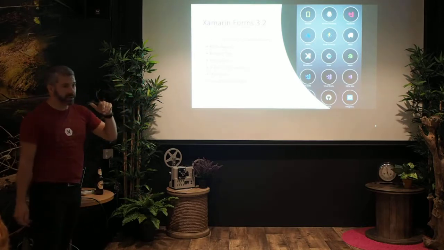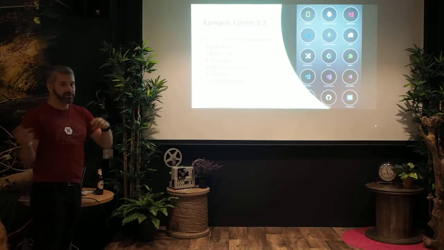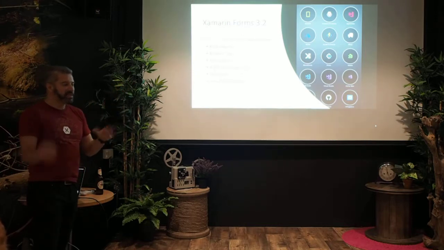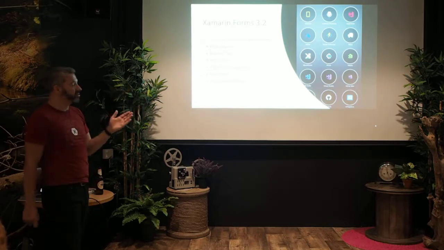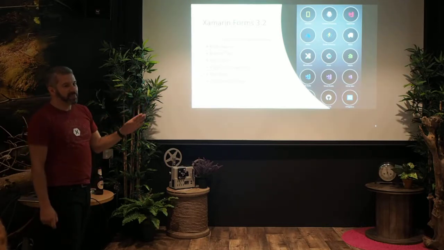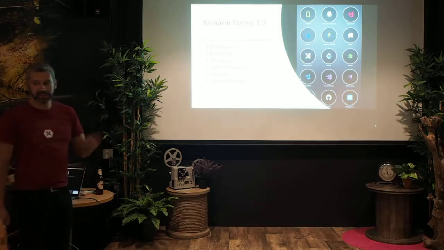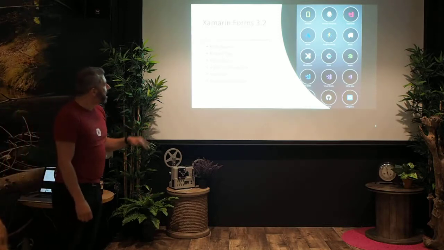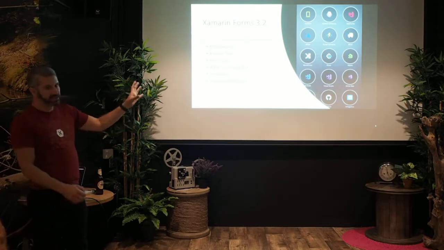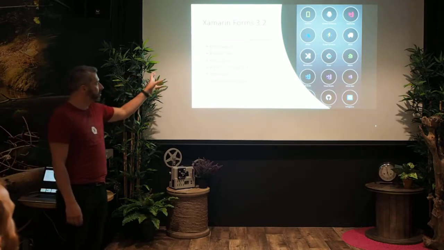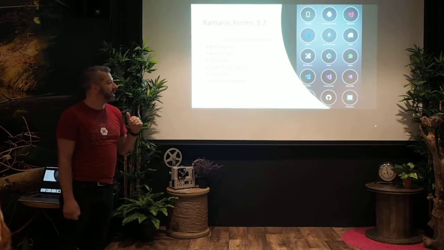As of Forms 3.2, we've now introduced a simple statement where you can just set bottom tabs to true, which is ridiculously easy compared to how hard it was just a few months ago. So yeah, that's fun. Flex layout: for any web developers, you may be familiar with flex layout, so that's just an extra way of laying out controls that we've introduced in Forms.